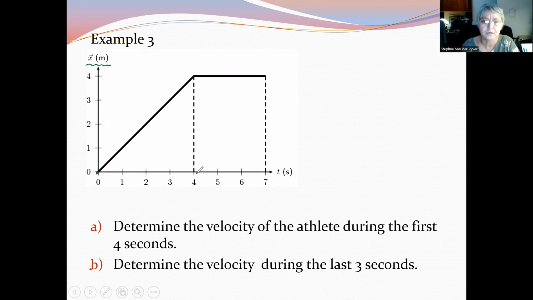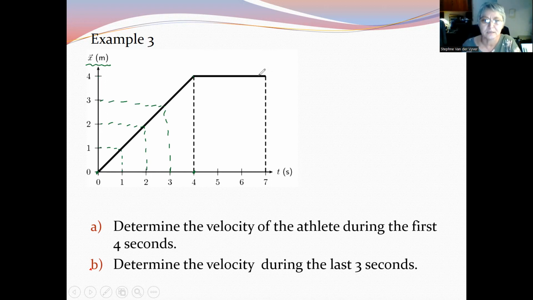For 4 seconds, the car traveled 4 meters away from his origin, and because of this being a straight line, the car traveled the same distance every second. He traveled 1 meter in every second.